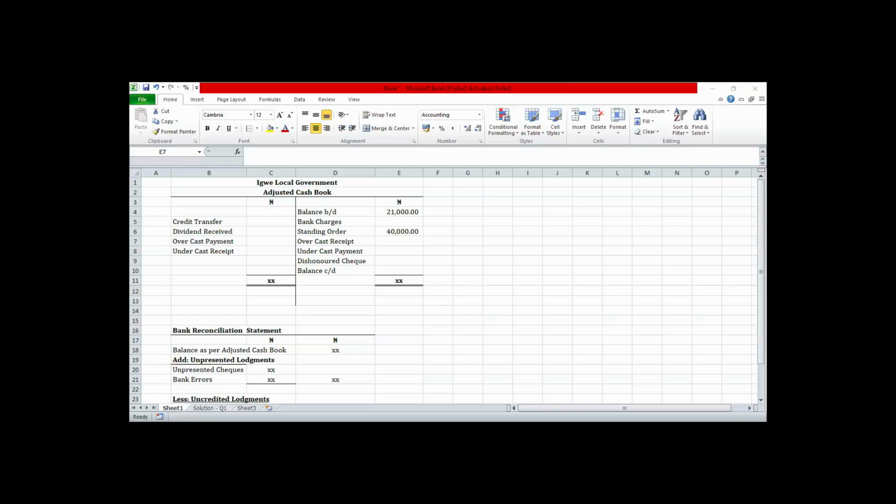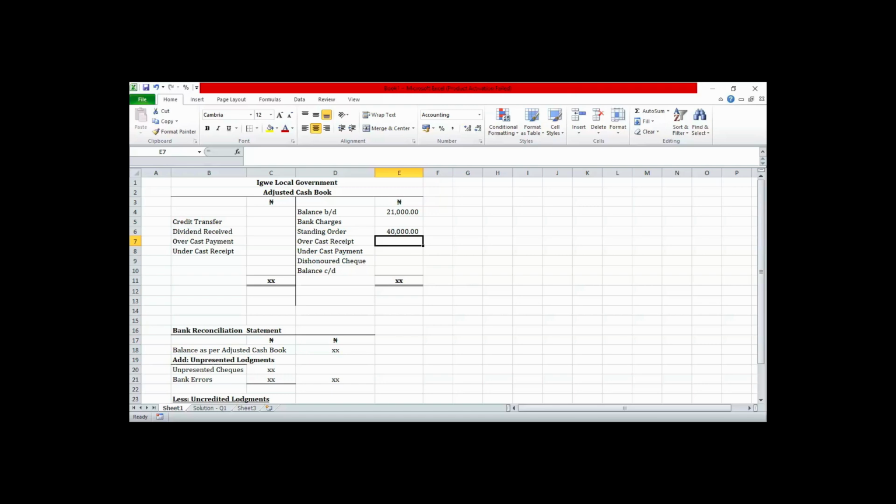That is an unpresented check. Is it clear? Yes, sir. The next one. We are not going to enter that one in the cash book at all. It's going to appear in the bank reconciliation statement.